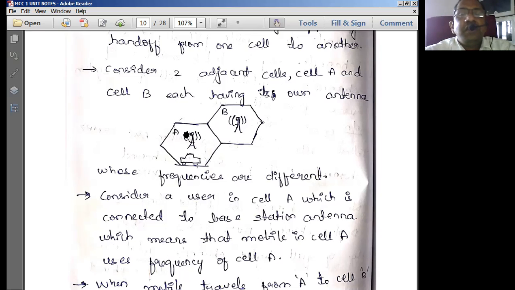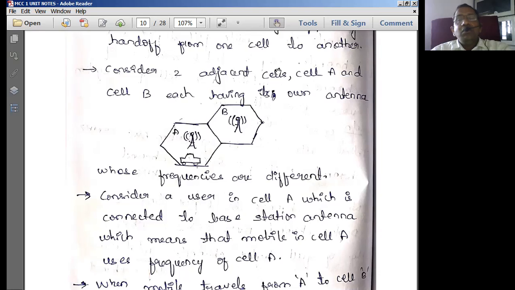This base station connects to the MSC, the MSC connects to the PSTN network, and that PSTN is connected to the MSC of the destination, which is connected to the destination base station, and that base station is connected to the destination mobile. Thereby the communication takes place between the two mobiles.